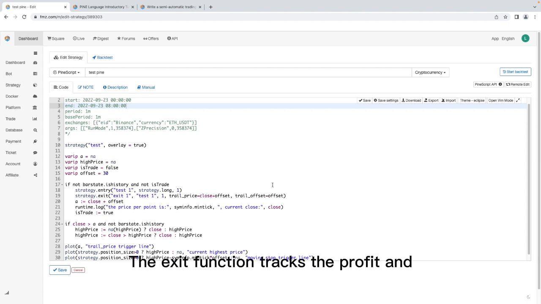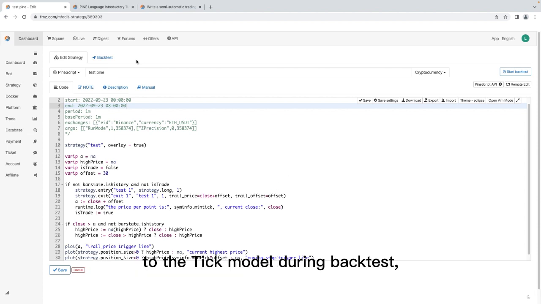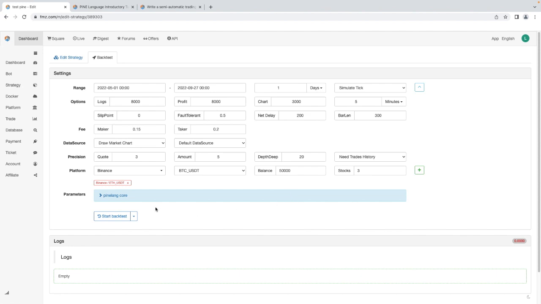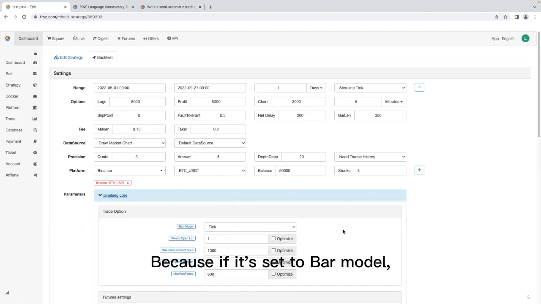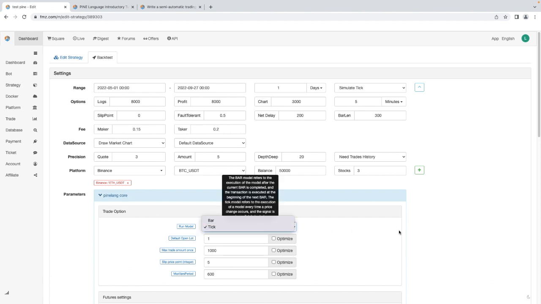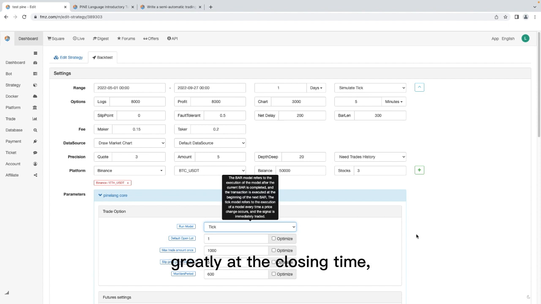The exit function tracks the profit and loss stops. It should be noted that we need to set it to the tick model during backtest. Here, tick model. Because if it's set to bar model, it will only be executed once at the closing time, and the prices may have changed greatly at the closing time.